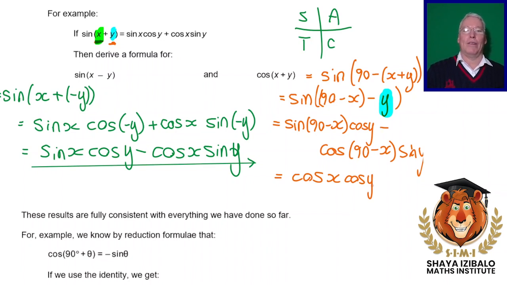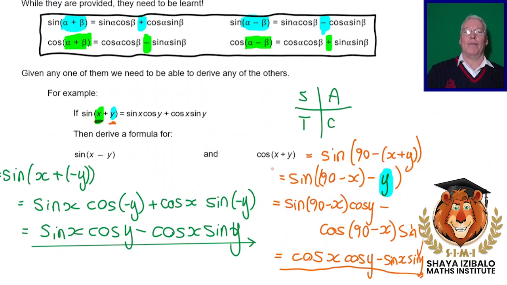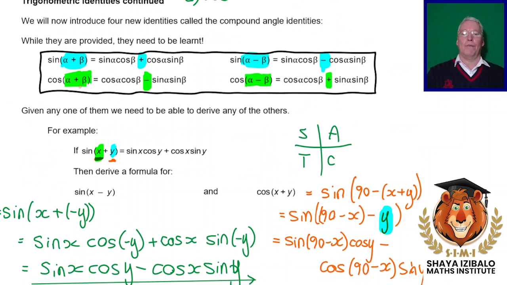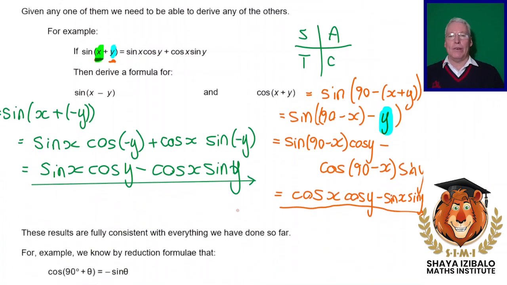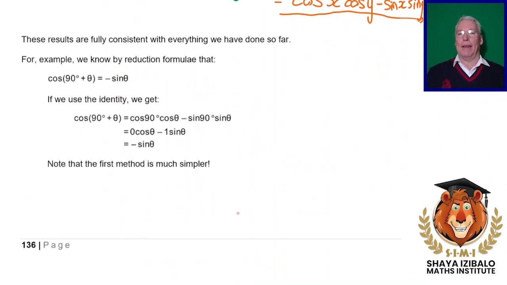Okay, and so I get cos x cos y minus sine x sine y, and that is the compound angle formula for cos of x plus y. There, I'll just scroll up and show you. There it is, cos of something plus something, cos cos minus sine sine. Okay, right, so we need to learn all of these and sort of make sense of them.